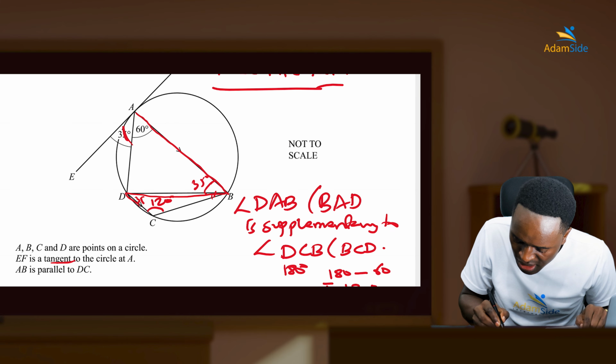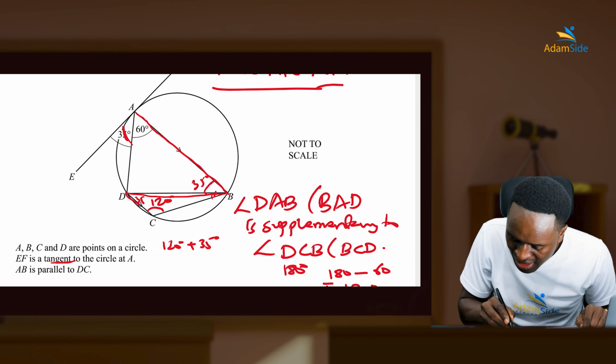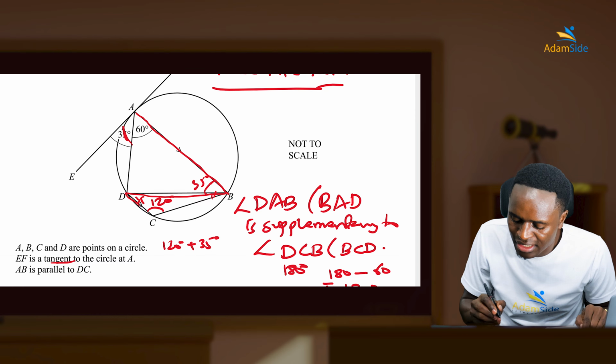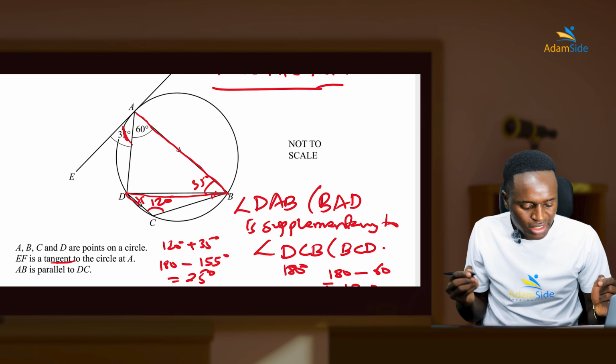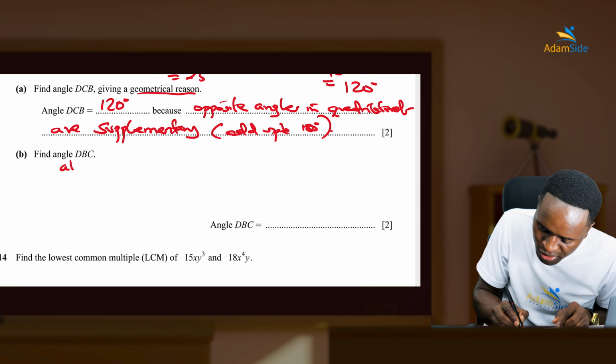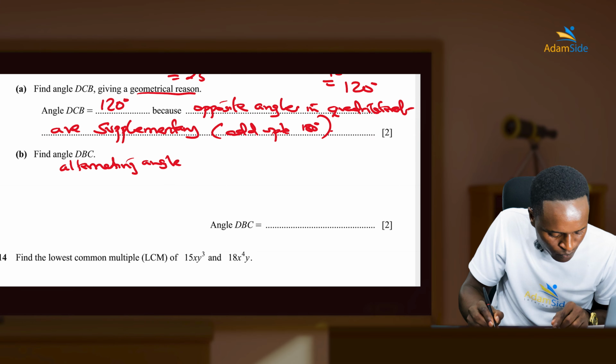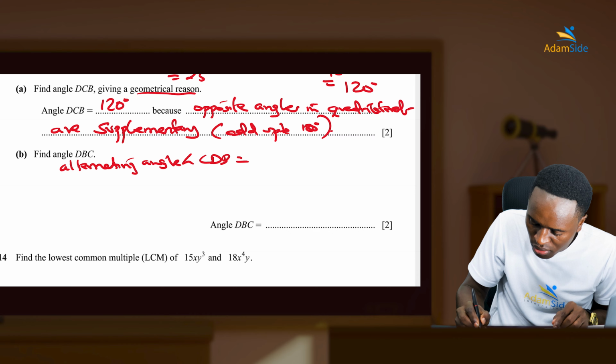Therefore, 120 degrees plus 35 degrees plus angle DBC will be equal to 180 degrees. So 180 minus 155, what do you get? You get 25 degrees. Correct. First of all, we have to find the alternating angle: angle CDB is equal to angle ABD, which is equal to 35 degrees.